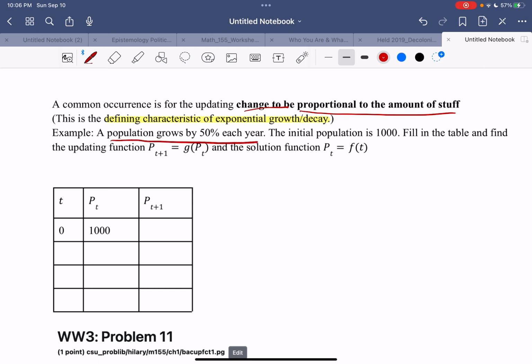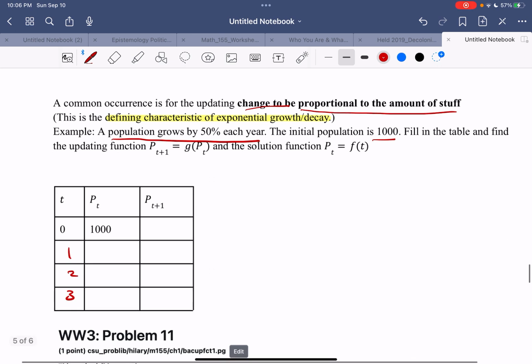Okay, so let's look. A population grows by 50% each year. The initial population is 1,000. Fill in the table. All right, fine. So time 1, time 2, time 3. So what do we do? Well, the new amount is the old amount, and it grows by 50%.